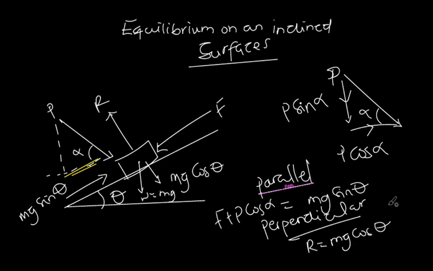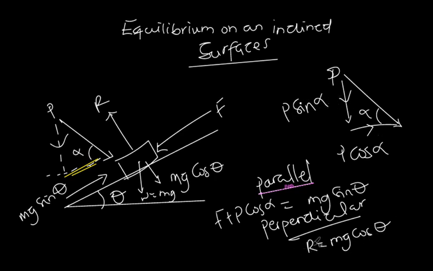But now, because we have another force acting downwards, it means it is not only the Mg cos theta that is acting downwards, we have another force, which is P sin alpha, also acting downwards.